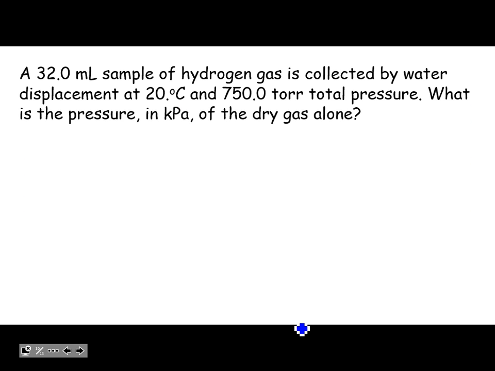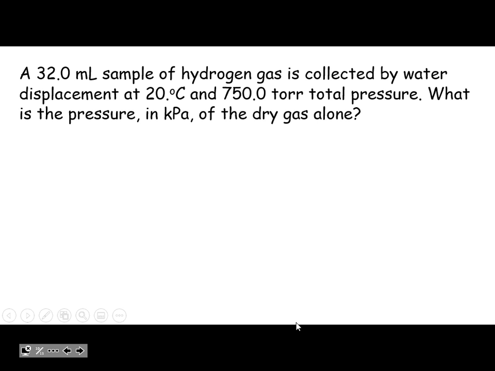Now, here is another type of problem that we could possibly work. This one says a 32.0 milliliter sample of hydrogen gas is collected by water displacement at 20 degrees Celsius and 750 torr of total pressure.